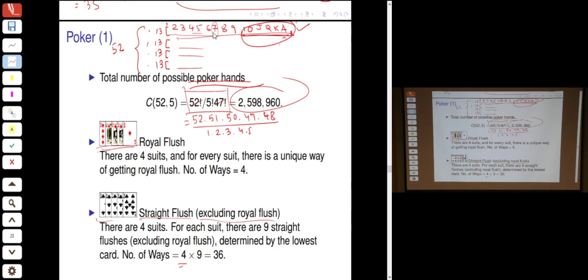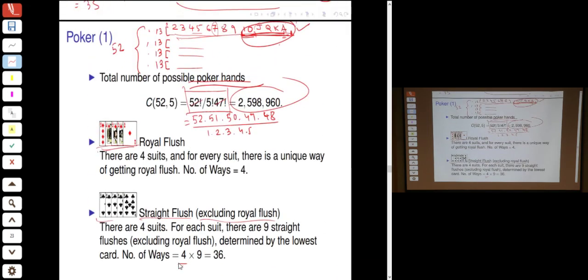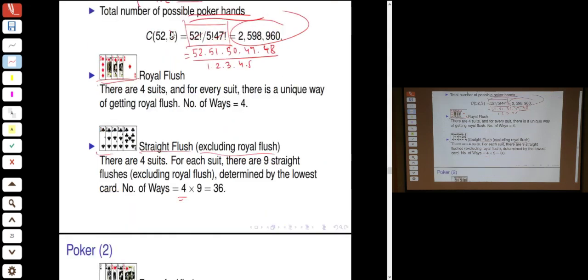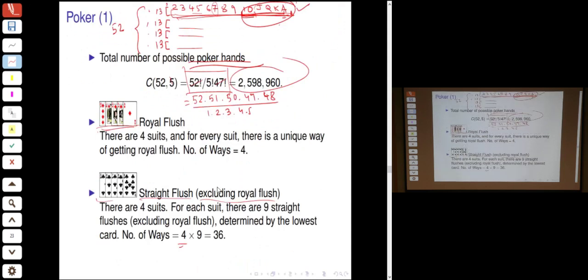And how many ways can you choose the starting card? Well, you have to pick 5. So, you cannot start later than 10, okay, because you have to have 4 cards later. If it is not a royal flush, then you just pick something from here, okay, and you start from there and fill out the rest.